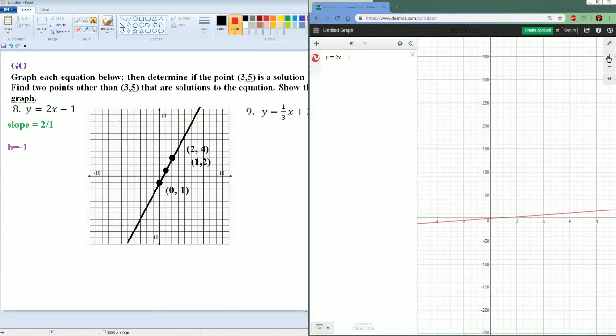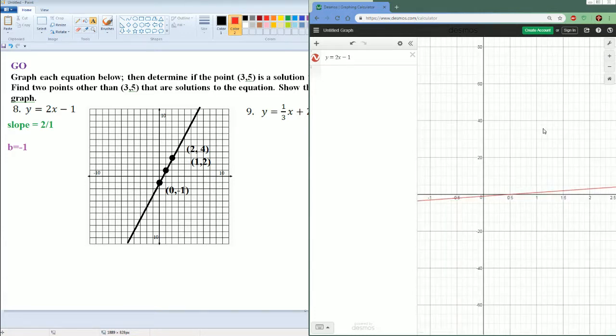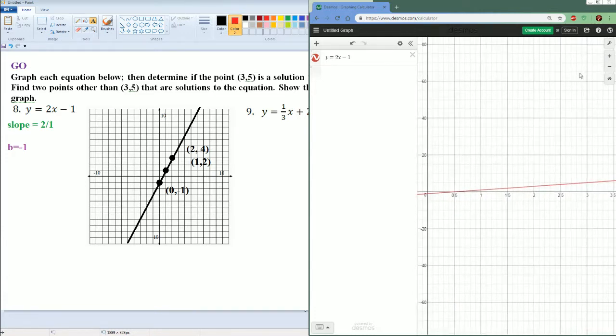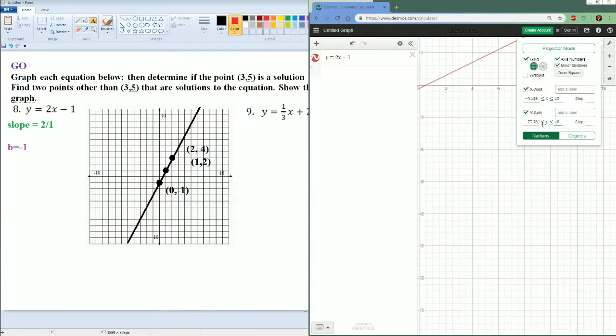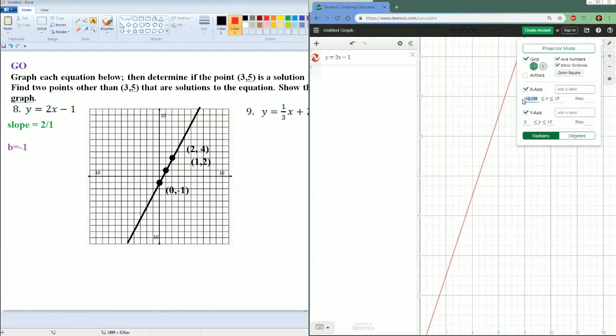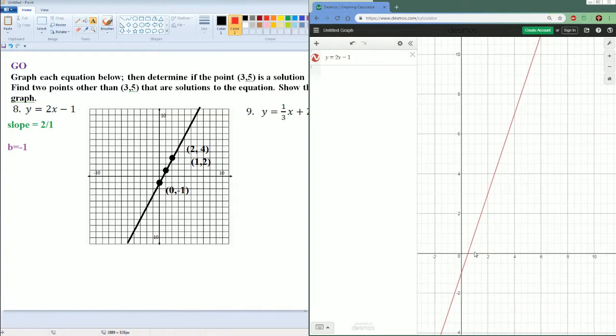Alright, so zoom in. 15, 15, 0, 0. Alright, so let's see if I was right.